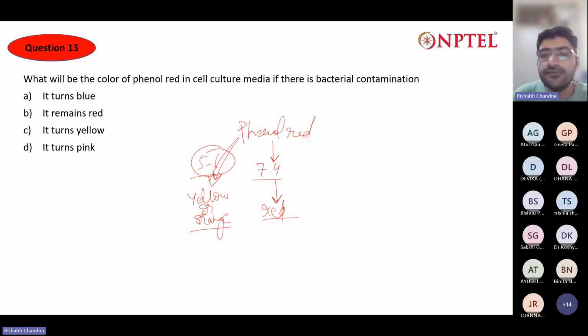Now, if there is any contamination present in the media, specifically fungal or bacterial contamination, the media becomes alkaline. The pH of the media becomes 9 to 10, and in that case the media turns pink.